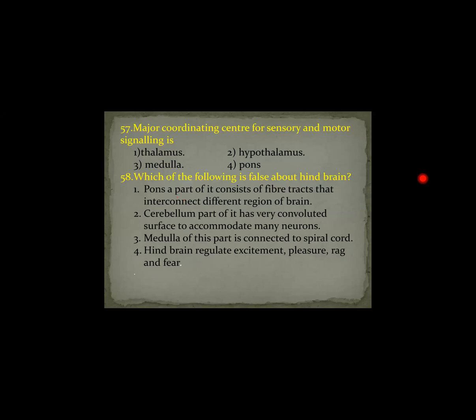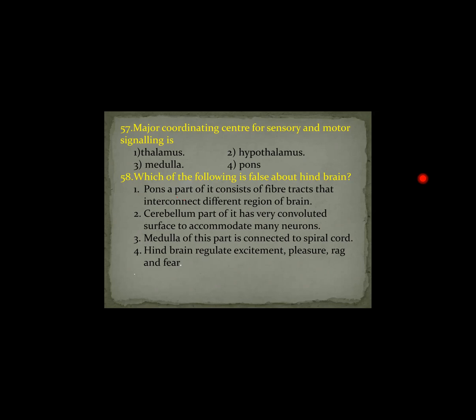First one, pons: the ventral portion of the pons consists of fiber tracts that interconnect different regions of the brain. Tracts are nothing but groups of nerve fibers. So the first statement is correct.